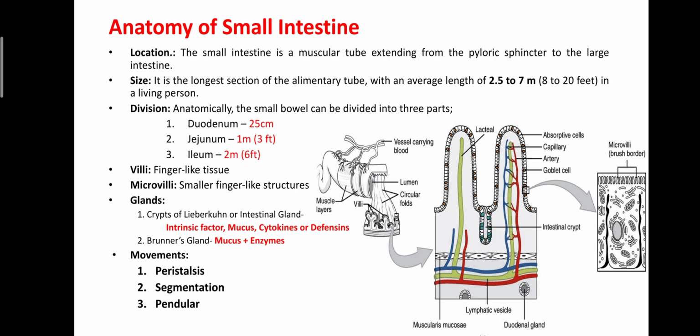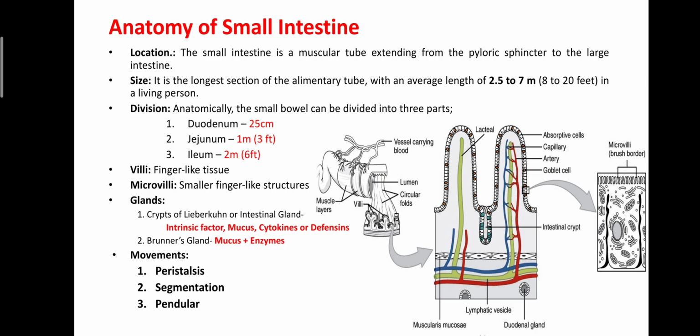Then segmentation, these are the circular movements, and pendular movements are also similar to the segmentations. Due to these two movements, the circular movement in the small intestine is helpful so that the chyme can be completely mixed with the digestive secretions or enzymes secreted in the small intestine.